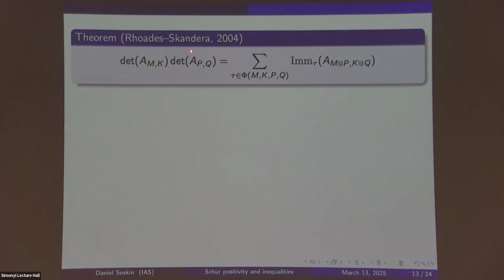Skandera and Rhoades proved the Fomin identity.